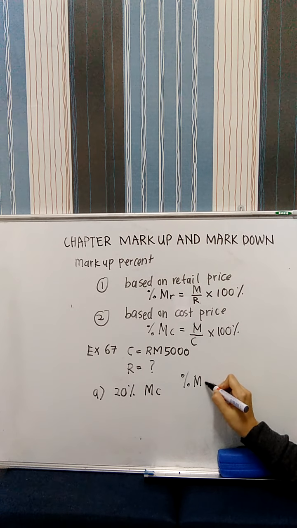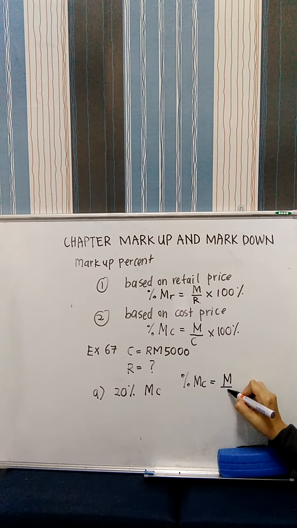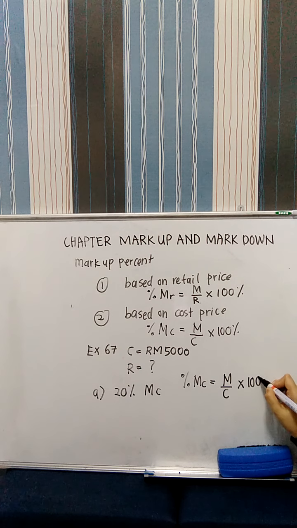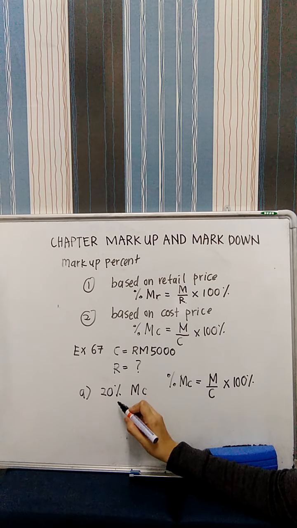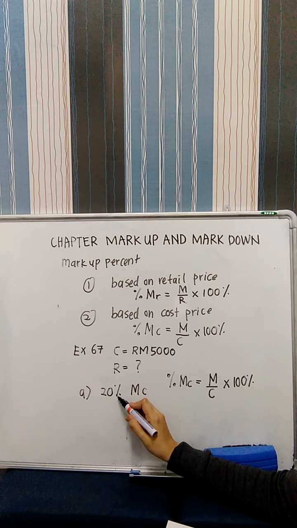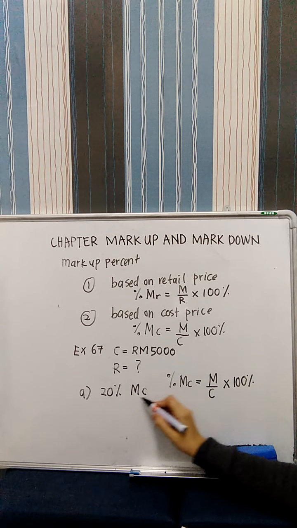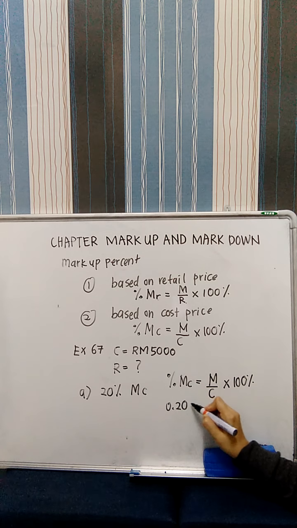Percent markup on cost equal to M divide C times 100%. Percentage markup is given as 20%, which you can change to 0.20.